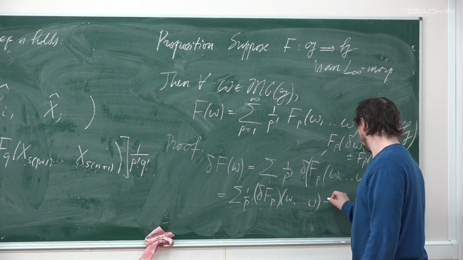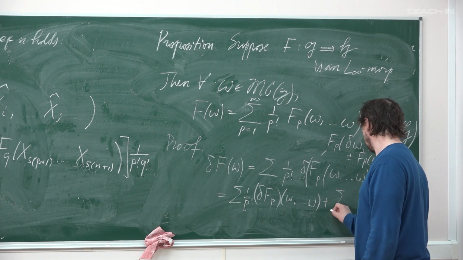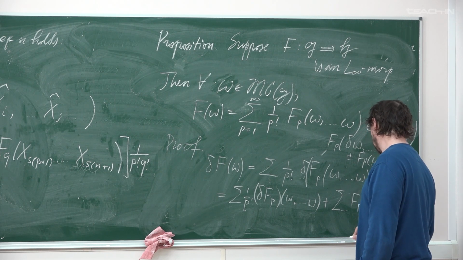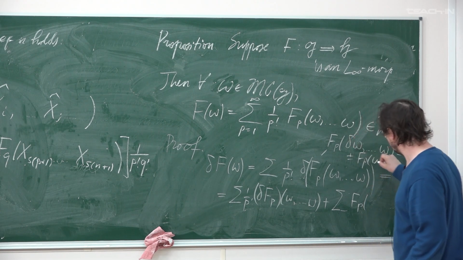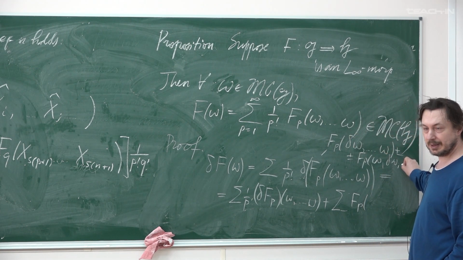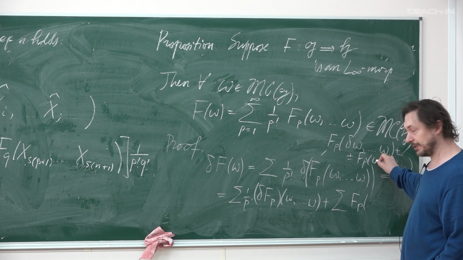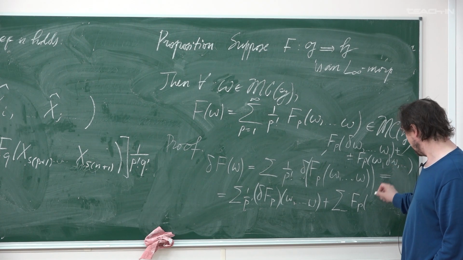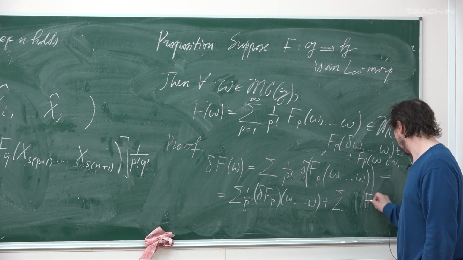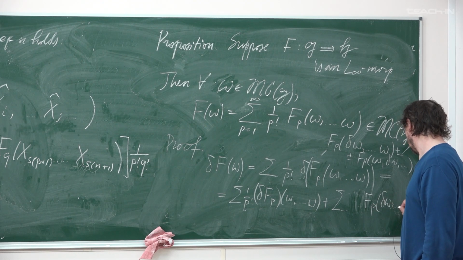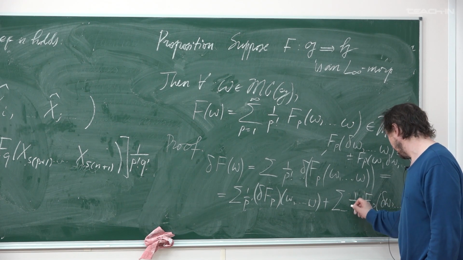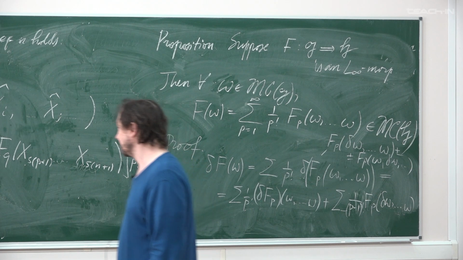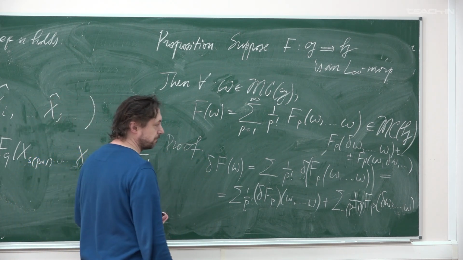And here we need to add back these missing terms fp, but there are exactly p terms like this. And since, as I told you, omega is of degree 0 after shifting, they all are the same. So there are p terms, and we get fp of delta omega comma omega, divided by, that is 1 over p minus 1 factorial. Okay? Nice.